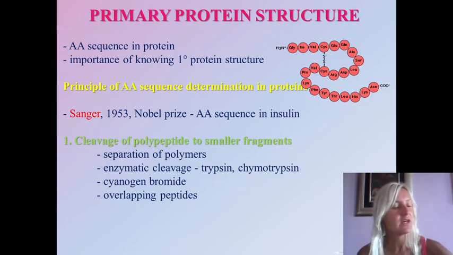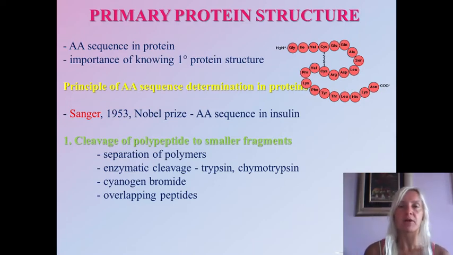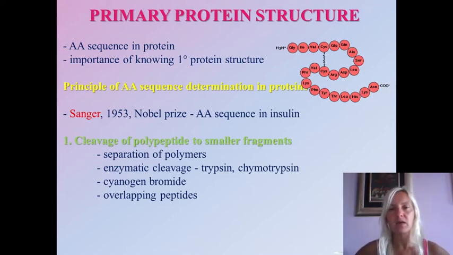So if you have a huge polymer complex protein molecule containing more than one polypeptide chain, first you have to separate those polypeptide chains. Then, in order to successfully manipulate with the material, you cannot manipulate with a chain containing several hundreds or thousands of molecules.